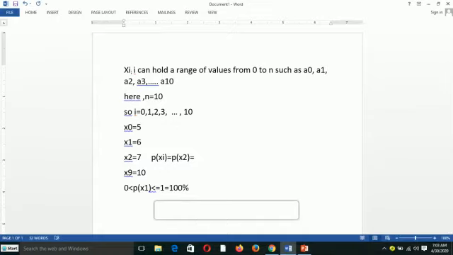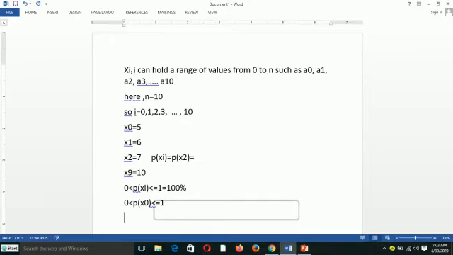Here it means that 0 is less than the probability of getting p(xi), and p(x0) must be less than or equal to 1.